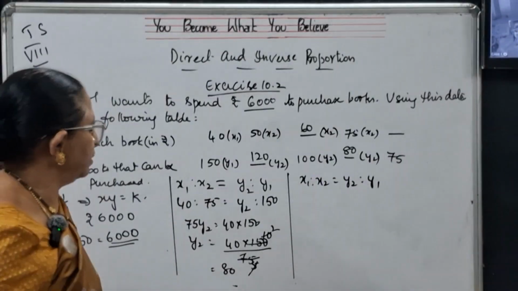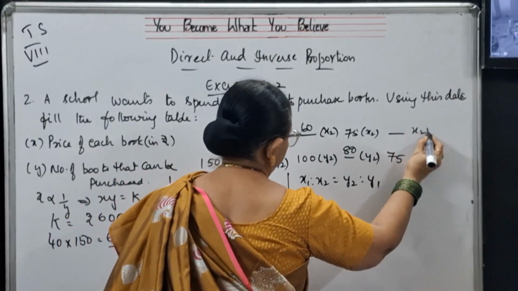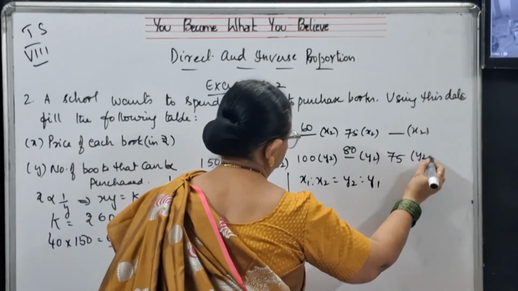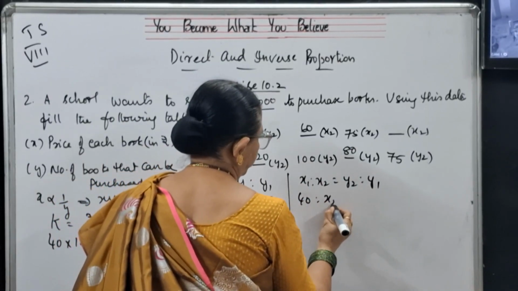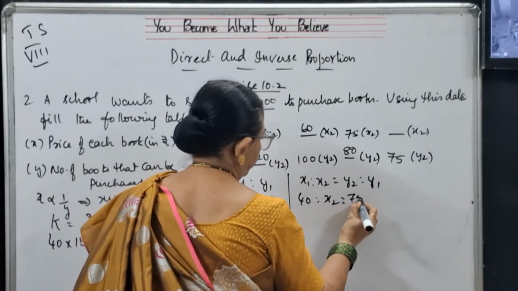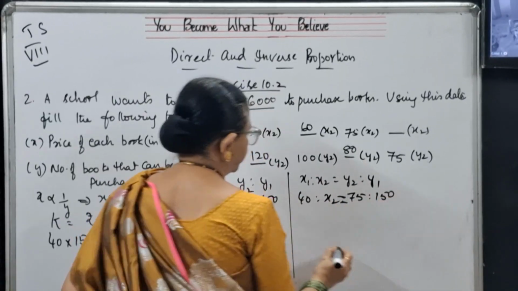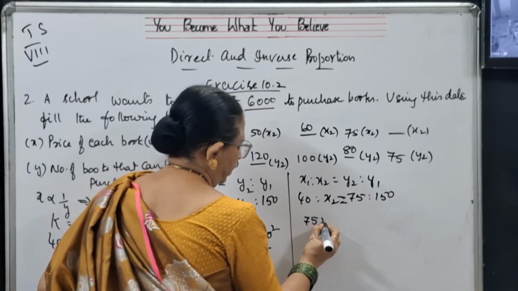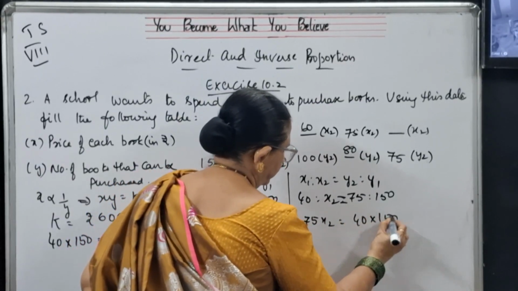Now in this case, this we need to find out. So this is x2 and this is y2. So x1 is 40 is to x2, which we don't know, is equal to y2 75 is to y1 150. 75 x2 is equal to 40 into 150.